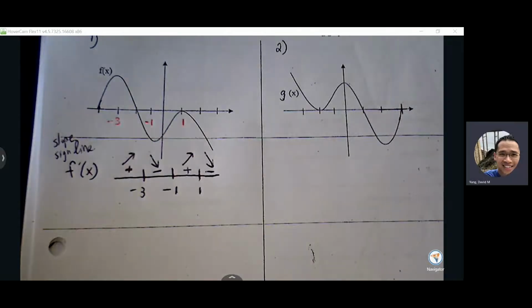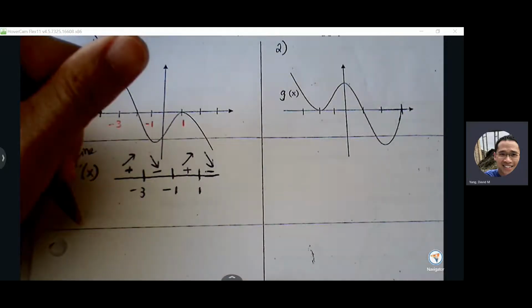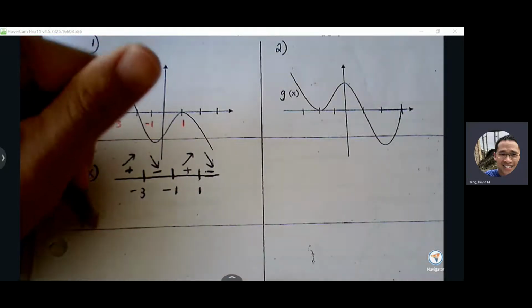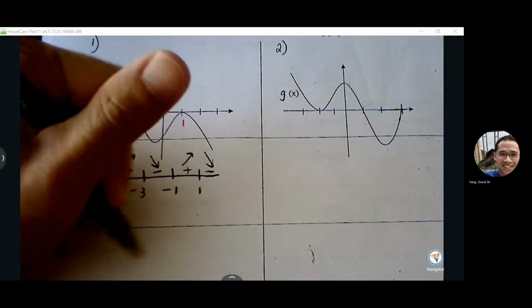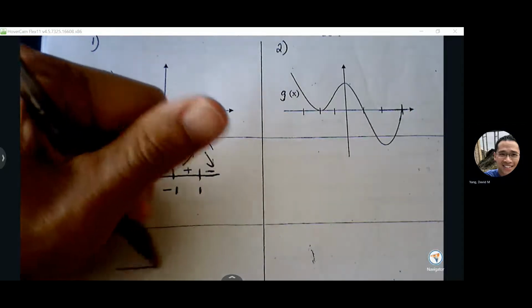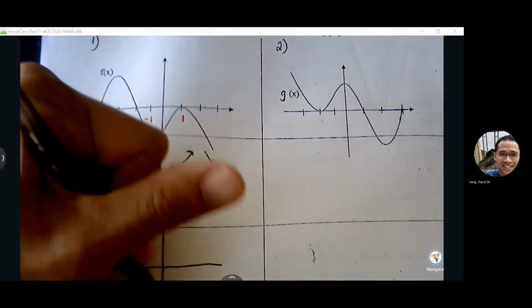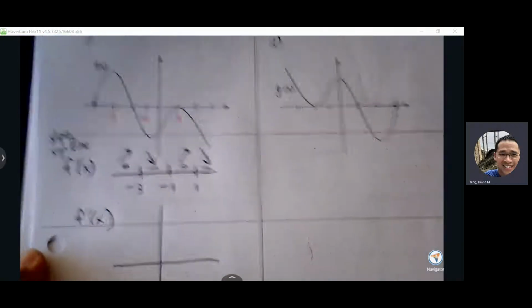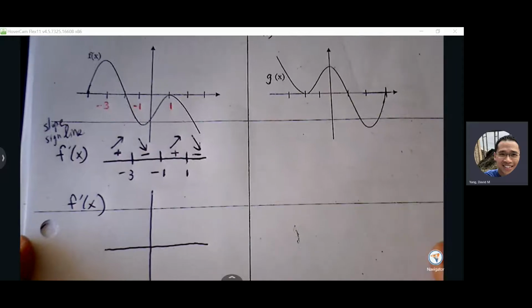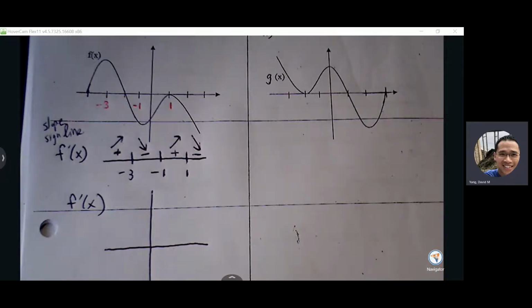So now we're going to create something called the derivative graph. Call this F prime. What makes a derivative graph different is really the y-axis. The y-axis is now going to represent something different from the original graph.